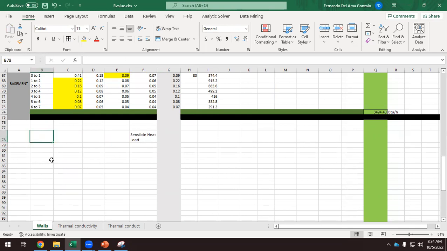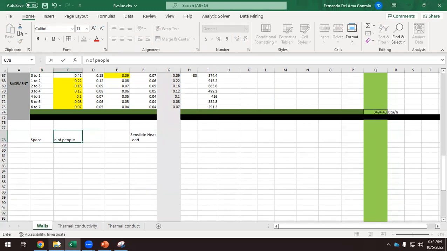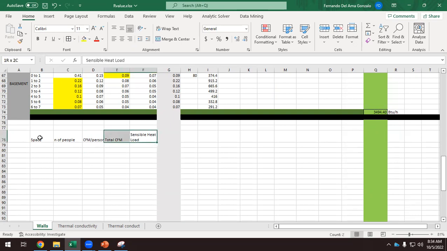So first we have the space. Here we have the number of people. And with the space and number of people, and probably here we can have the CFM per person. And here I can have the total CFM. Okay, so this is what we need for ventilation.